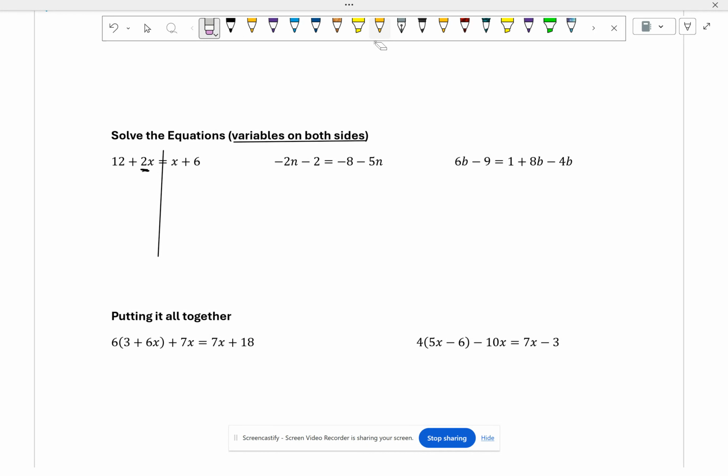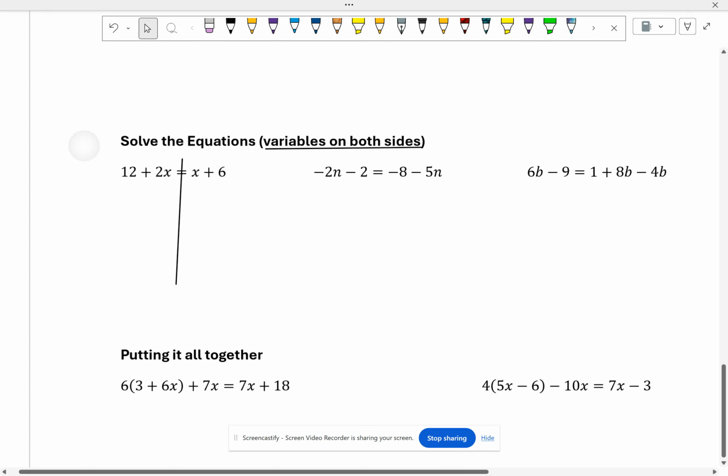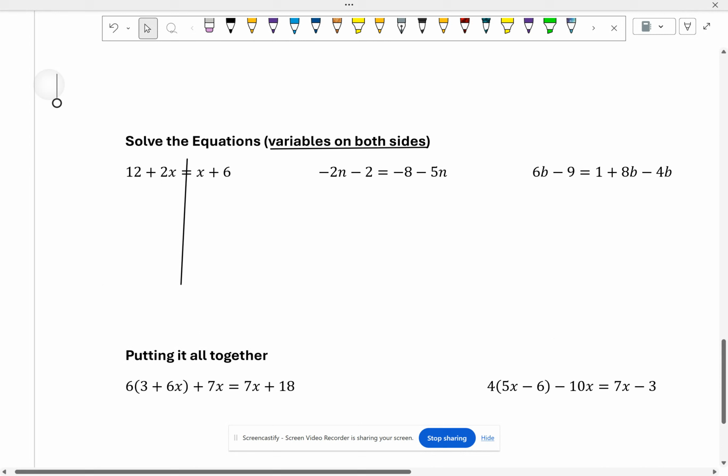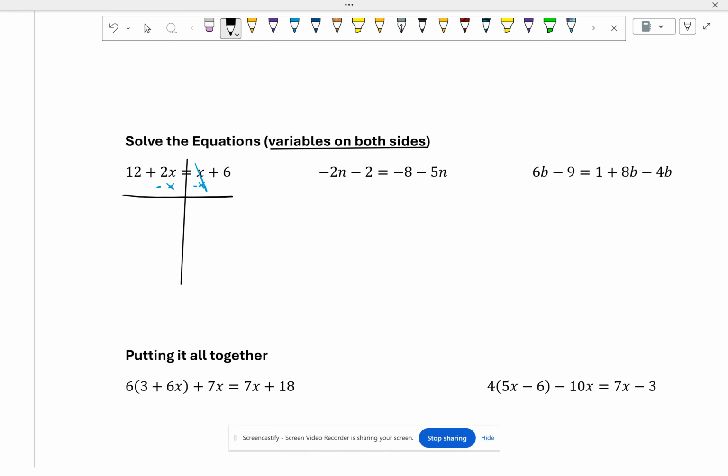So if I want to get them on one side of the equation, one thing I can do to both sides is subtract x. Now if I subtract x on one side, I have to do it to the other side. But x minus x, even though I don't know what the number is, a number minus itself is always going to be 0. So that's still going to become 0. Now 2x's take away an x, that just leaves me with 1x.